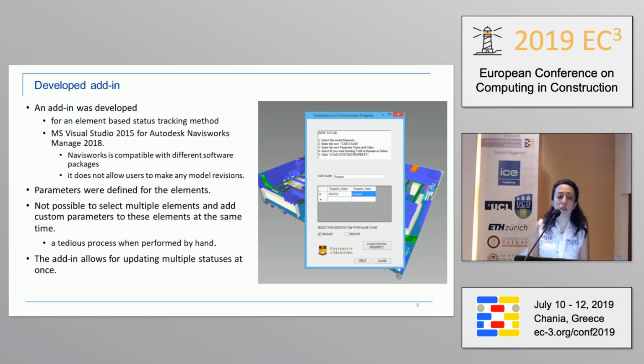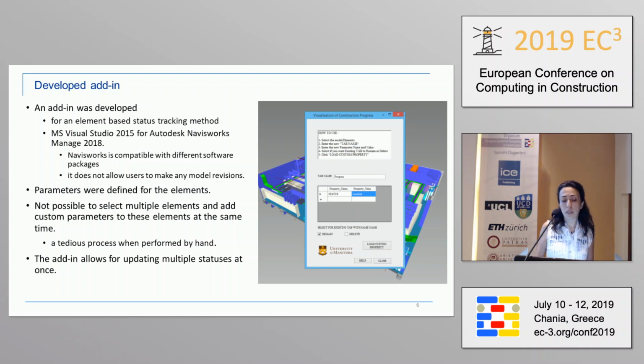So what we did was we developed an add-in for an element-based status tracking method. We used Visual Studio 2015 to represent the statuses in Autodesk Navisworks Manage 2018. We selected Navisworks because it's compatible with different software packages and it doesn't allow users to make any model revisions.